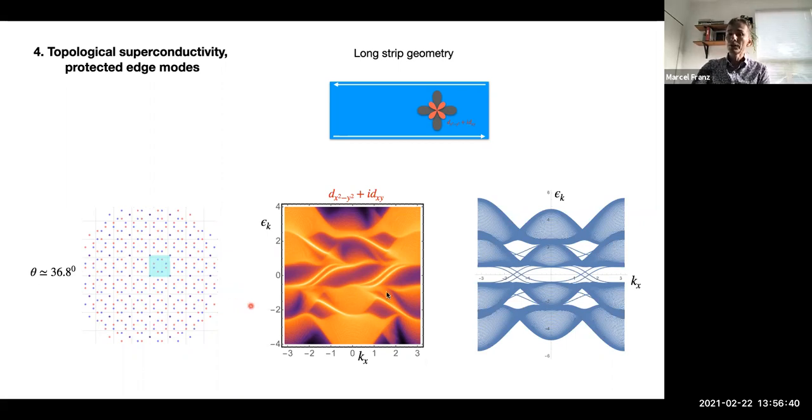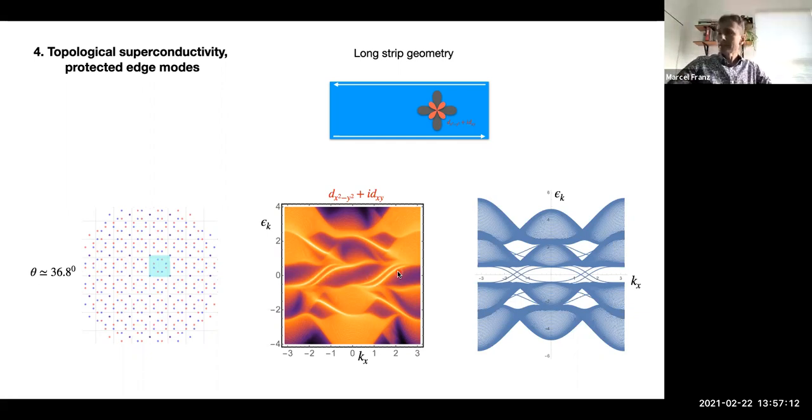And what I'm showing you here is the spectral function of this system on a strip evaluated at this edge. So what you can see here is a bulk gap, this region around zero energy. And you can clearly see these chiral edge modes that are unidirectional. There's 4 of them, which is again in agreement with these old calculations.